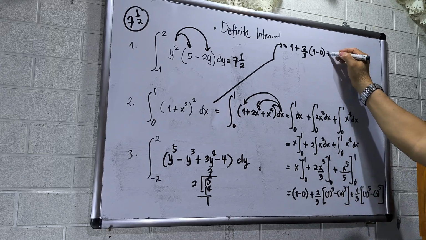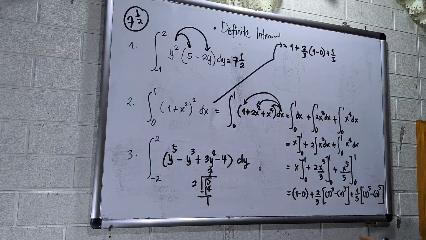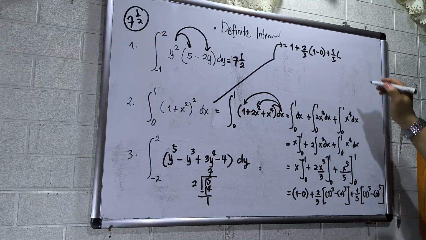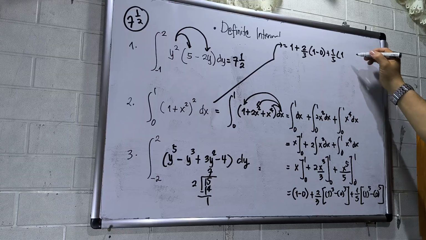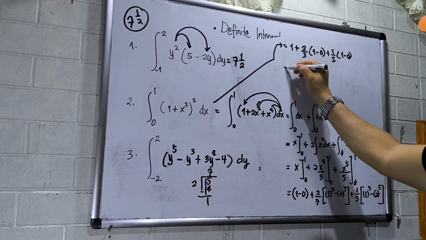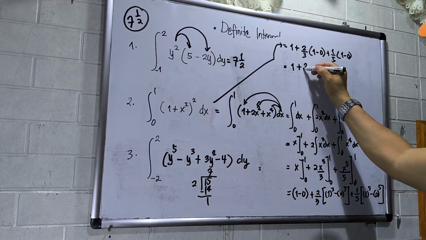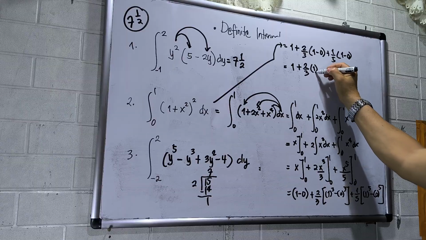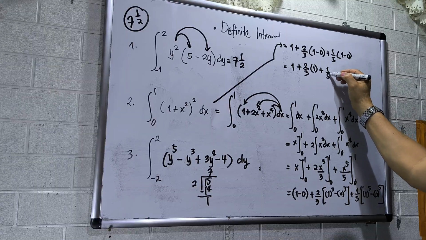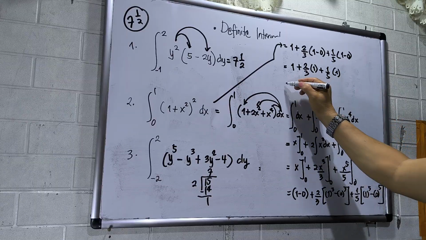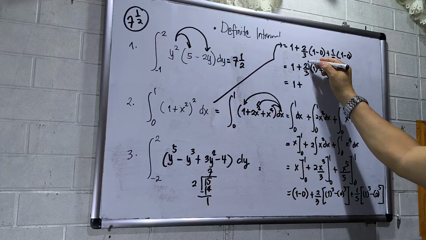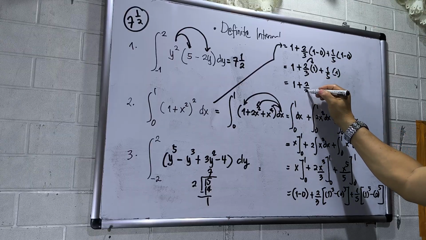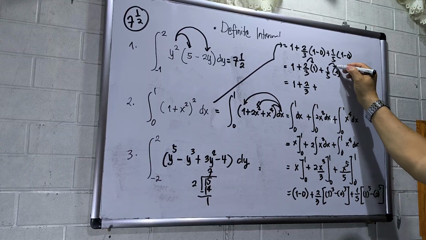Then plus 1 over 5. Circle brackets 1 to the 5 is still 1, 0 to the 5 will be 0. So this will be 1 plus 2/3 times (1 minus 0), that is 1, plus 1/5 times (1 minus 0), that's 1. So this is 1 plus 2/3 plus 1/5.